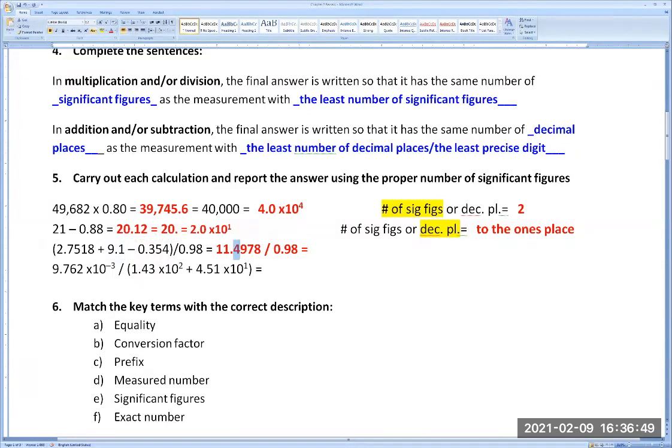So I'm going to underline this to remind myself I need to stop the precision there, at the 0.4, which actually would be a 0.5 if you were to round, but you do not round. It is important here to not round intermediate answers. However, you need to do this step of estimating where you would round if you were to round. So next, you keep that number and divide by 0.98.